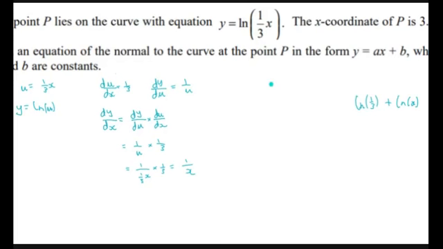Okay, and then it says the x coordinate of P is 3. Usually with this, you want to work out the y coordinate as well. So the y coordinate is going to be 0.